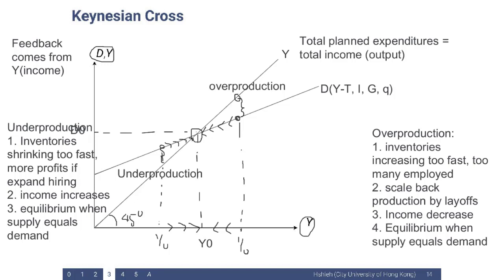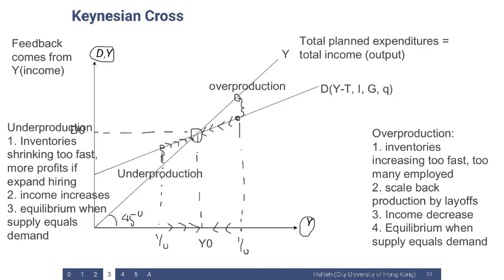All right, so let's talk about this so-called feedback mechanism, how we achieve equilibrium under this framework. So let's suppose we are in the overproduction scenario. So we're producing too much given our demand. What will companies do? Companies will have inventories that are growing, right?